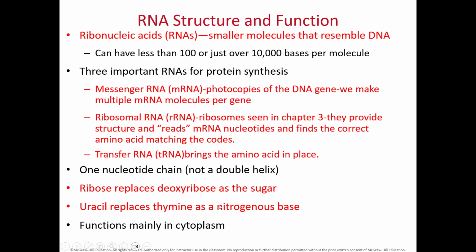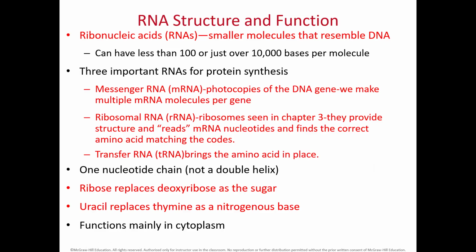Now, transfer RNA is the RNA that actually brings the proper amino acids in place. We know that for all proteins, every single one, the first amino acid is always methionine. So when we read that messenger RNA, there's a start codon, and the start codon is a combination of three RNA bases: adenine, uracil, guanine, AUG.